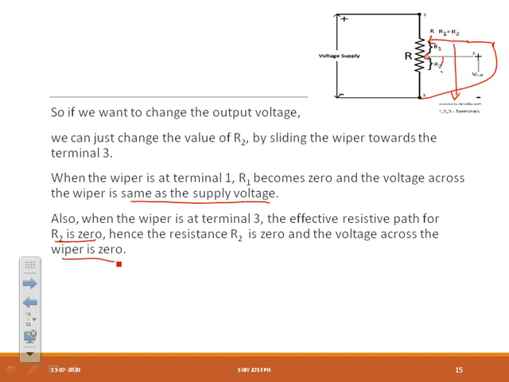When R1 is equal to 0, we have the maximum value of R2, that is R2 is equal to R. So the maximum output voltage we can get is equal to the supply voltage. When the wiper is at terminal 3, R2 is equal to 0 and the wiper output is also equal to 0.